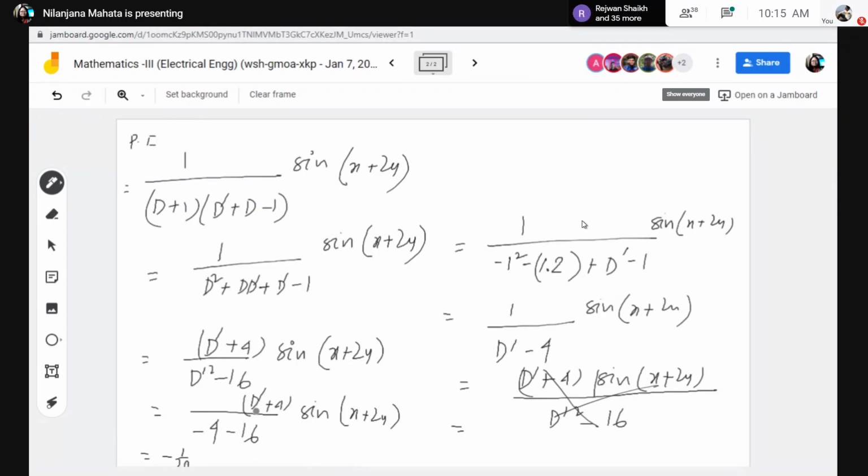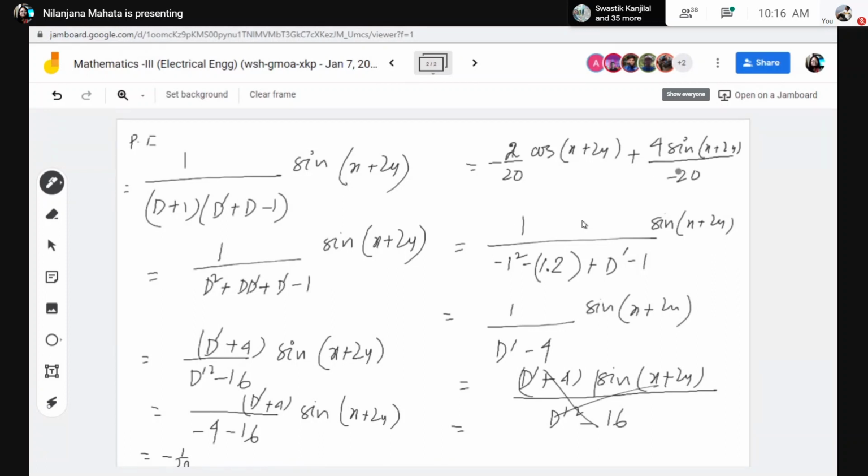Now your D dash will operate on this. D dash is the differential operator with respect to y, so it will operate on sine, and the differentiation will be cos x plus 2y, and the coefficient will be 2, and this term will be the same, that is plus 4 sine x plus 2y, over minus 20.